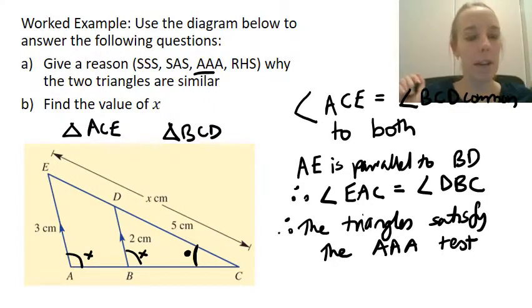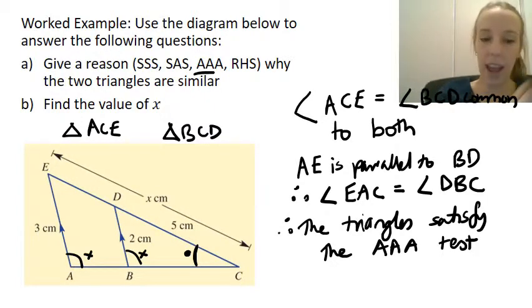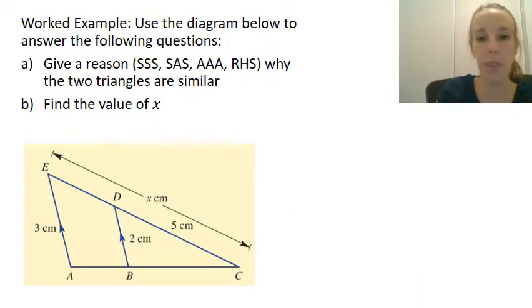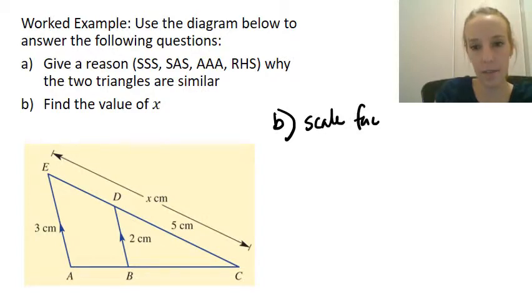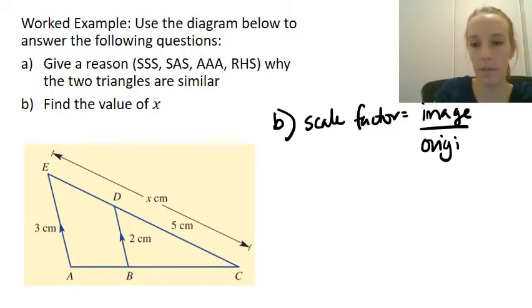So for B, we have to find the value of X. Okay, so I'm going to clear my screen and do B. Obviously they're going to be in the same ratio. It doesn't really tell us here which one's the original and which one is the image. So we know our scale factor is our image over our original.